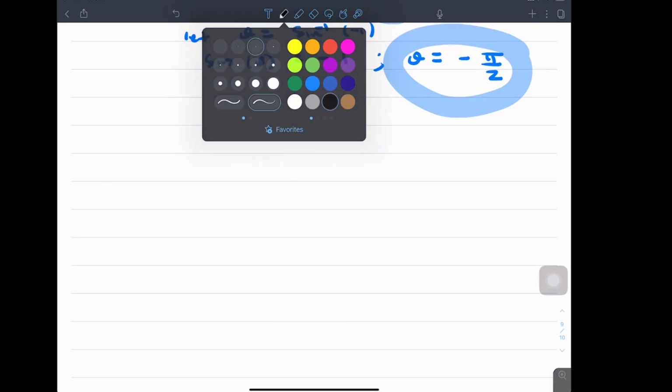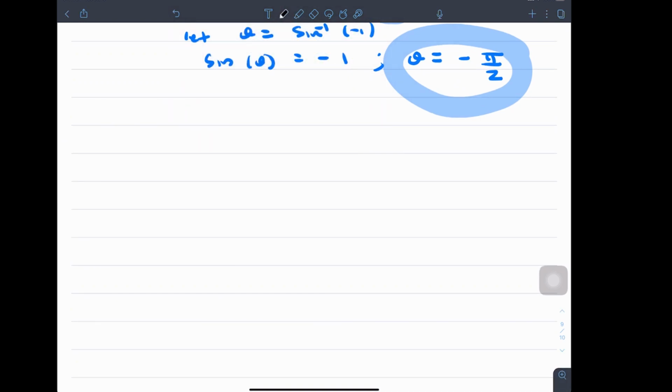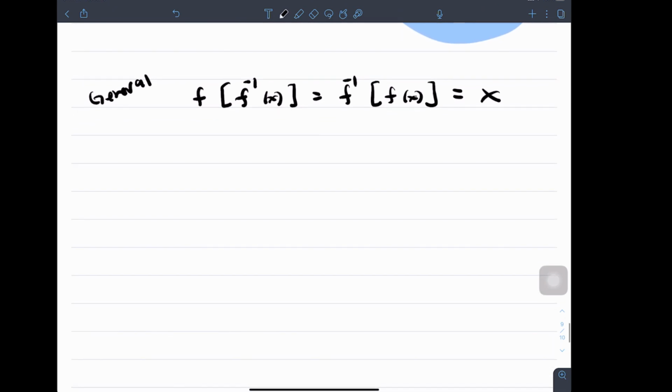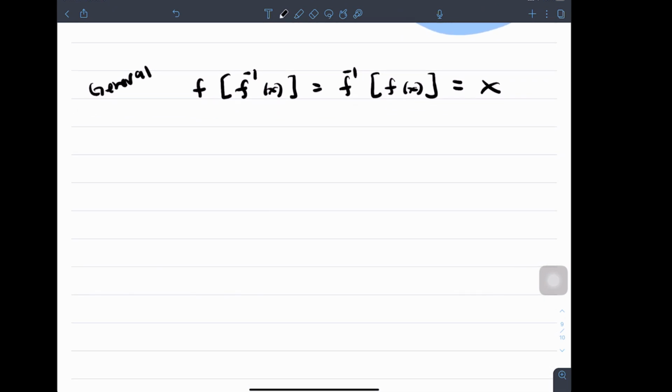Generally speaking, you have what's called composition of functions: f of f inverse equals f inverse of f, and they equal x. This is in general, with any function and its inverse.